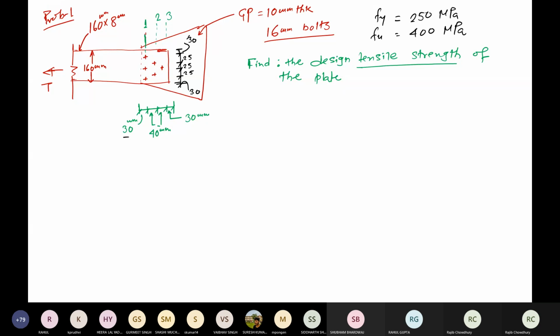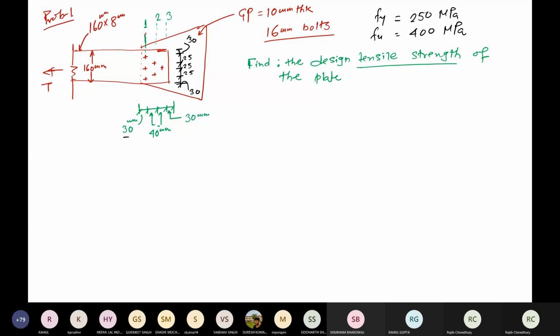So we have to find the design tensile strength of the plate. How do we get it? Now if you look at the pattern of the bolts connected over here, this is not a regular pattern.